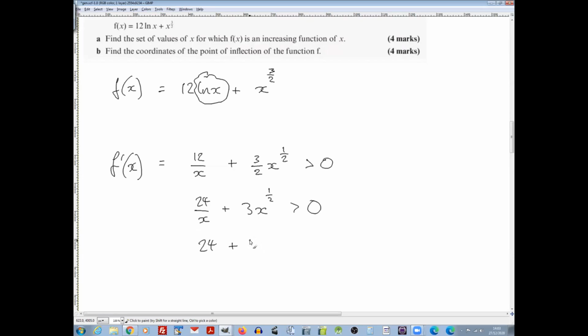That would be 3x to the half times x. Sure. How would that pan out?